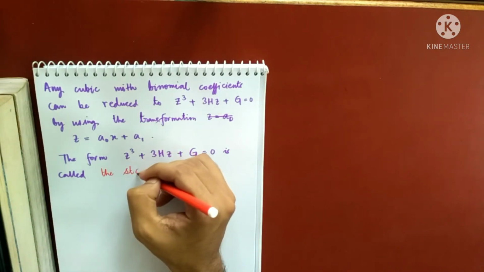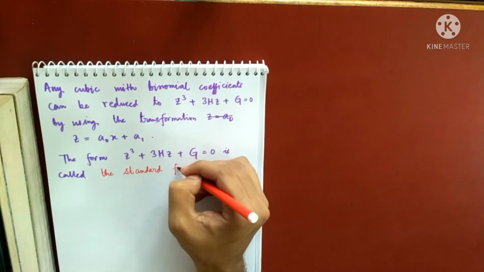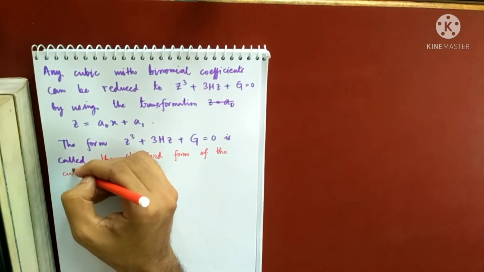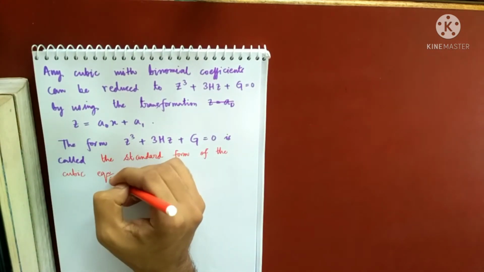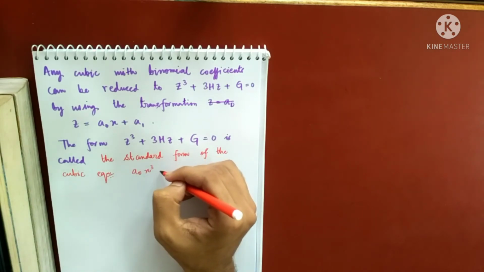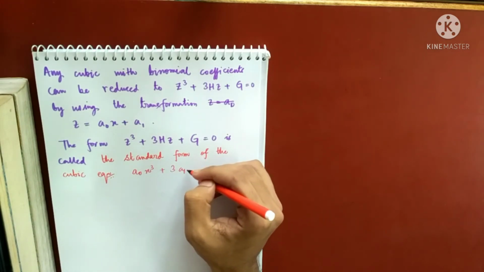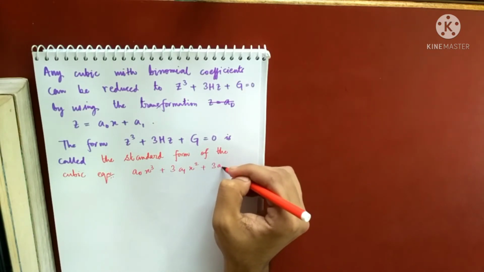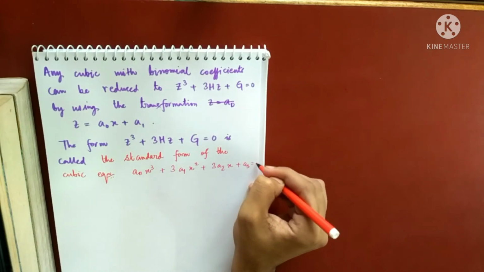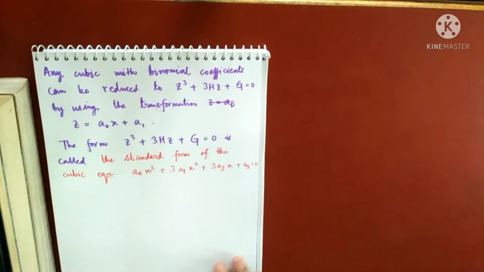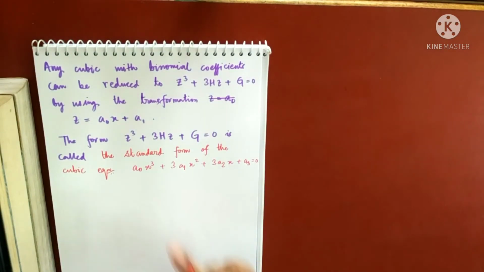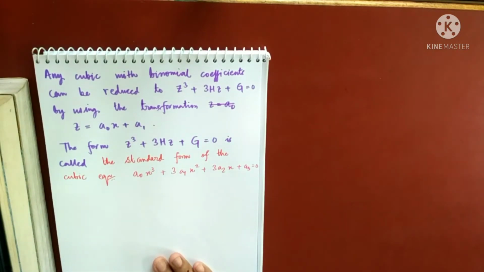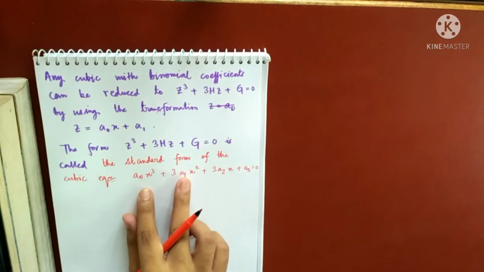The general cubic is a naught x cube plus 3a1 x square plus 3a2 x plus a3 equals 0. So give me any cubic, I can reduce it to this form by using this suitable transformation, where a naught and a1 have the usual meanings.